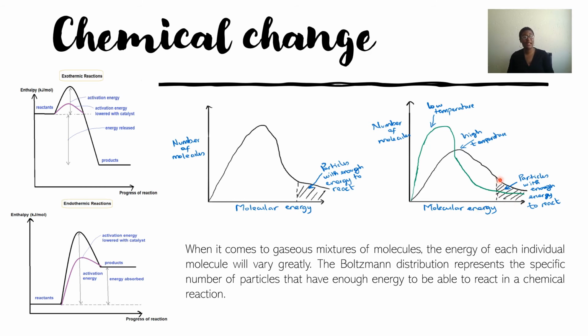But at higher temperatures, even if they did not have enough energy initially, the temperature gives them some energy, and there will now be more particles ready to react. But if you don't have gaseous reactants, temperature is still a very critical factor, because it will still increase the rate of the reaction and how fast your reactants will collide with each other.